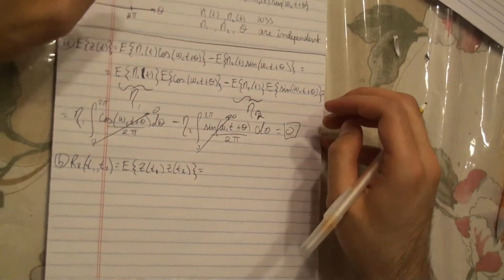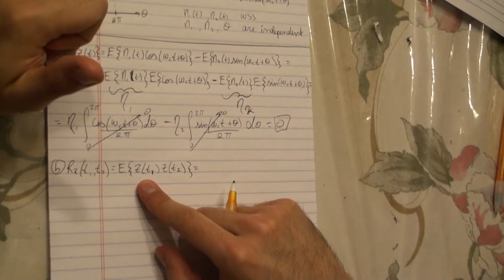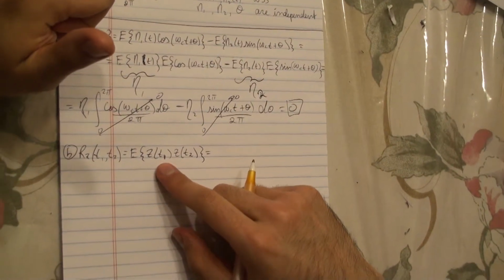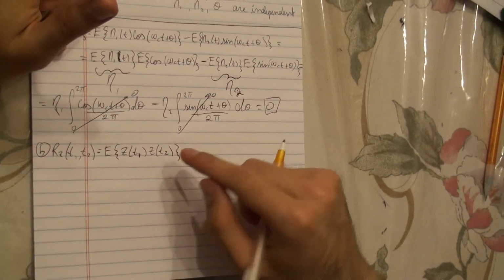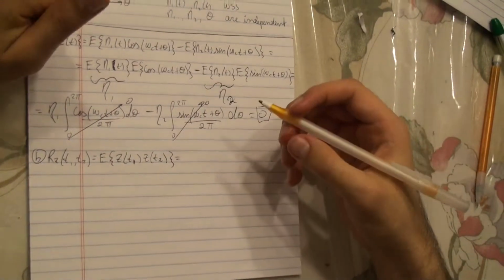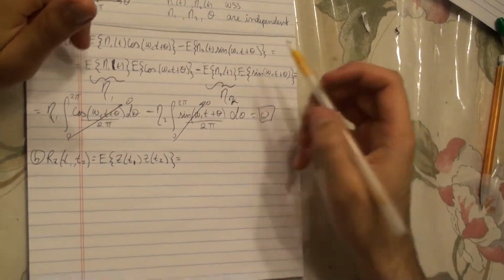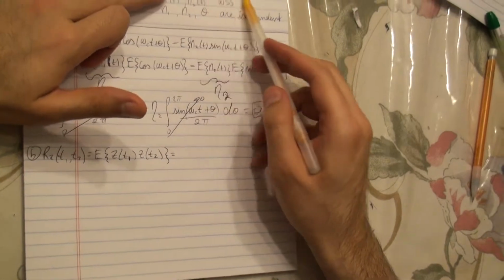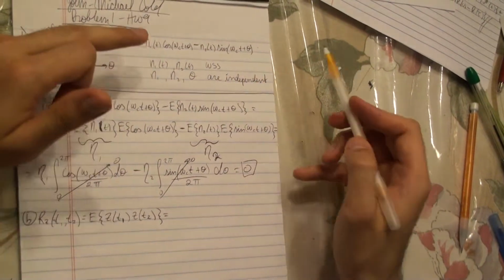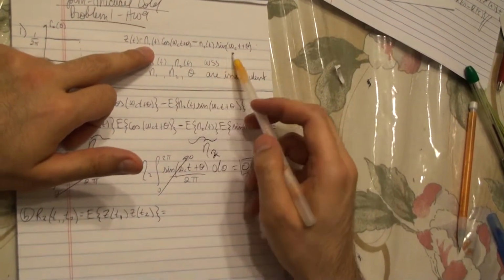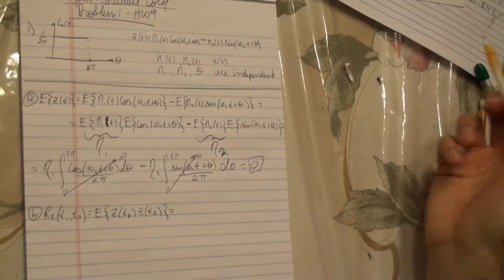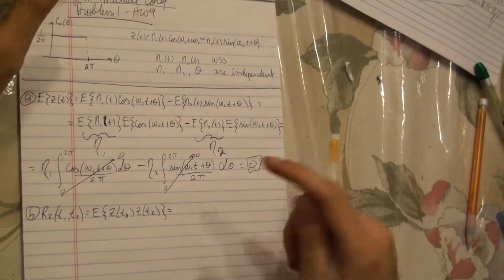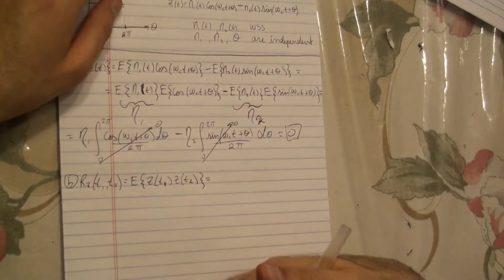This is going to be expected value of z evaluated at t1 times z evaluated at t2. So, what is that going to be? It's going to be this whole thing at t1 times this whole thing at t2. So we're going to get a quadratic. We're going to get 4 terms. So I'm going to just write the 4 terms down.